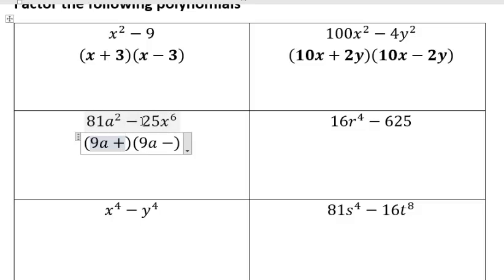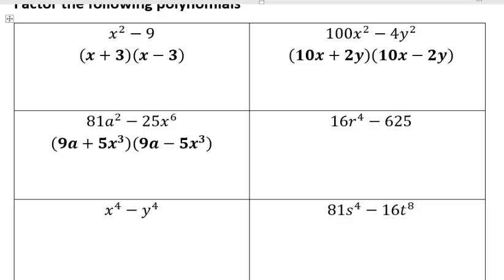Square root of 25 is 5, and square root of x to the 6 is x cubed. Basically it's half of the exponent. That's how you get square roots of letters. So I'm also going to put 5x cubed on the other side. Yes, I put them the same with plus and with minus. That's the idea.